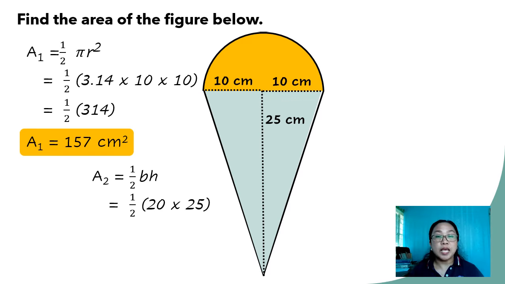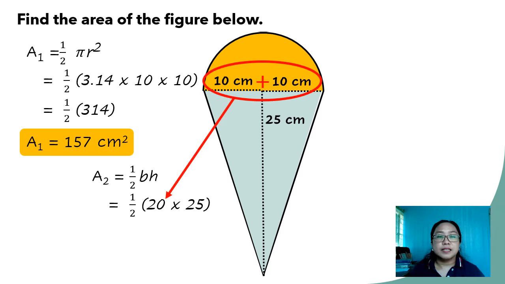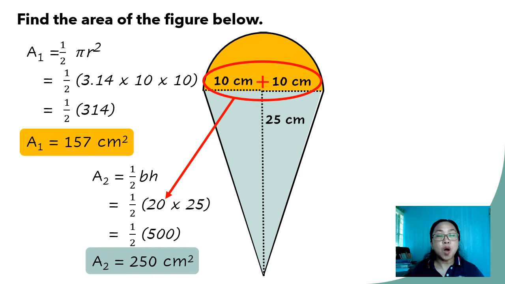That means we'll have another 10 centimeters to complete the base. Adding these two will give us 20 centimeters. And so, the area of this triangle is 1/2 times 500, which will give us 250 centimeters squared.